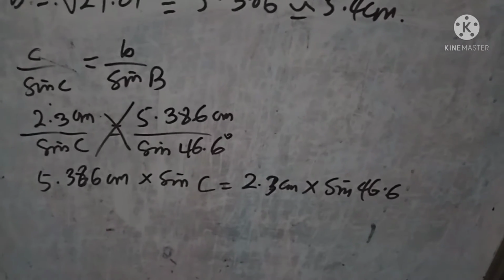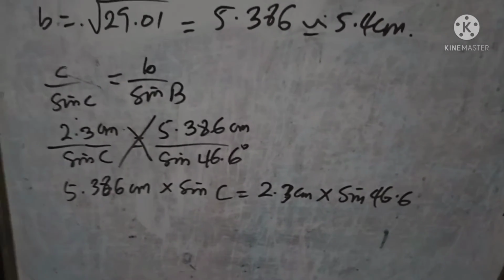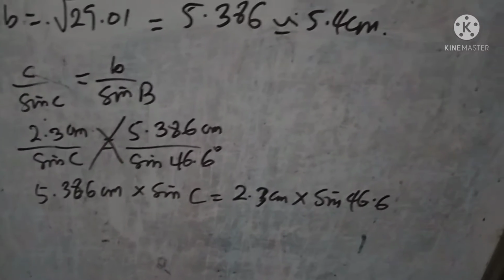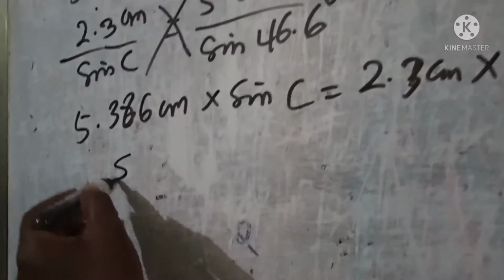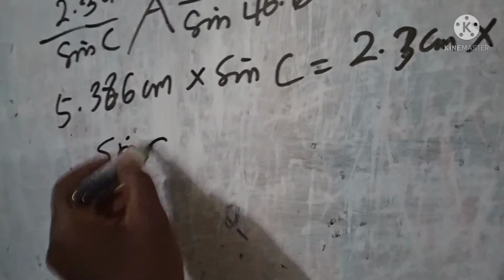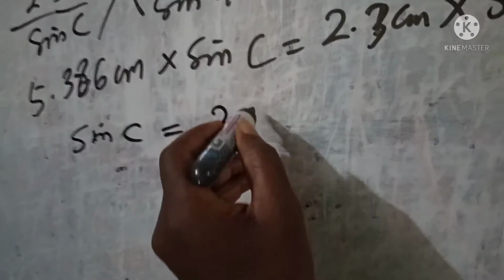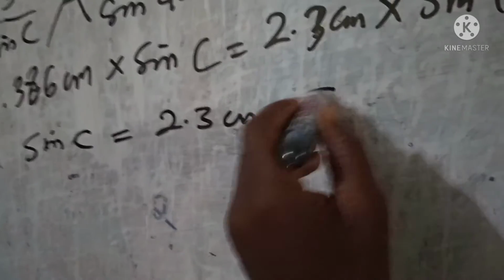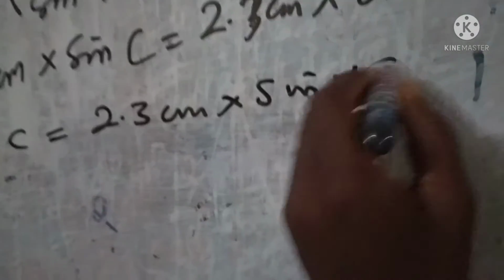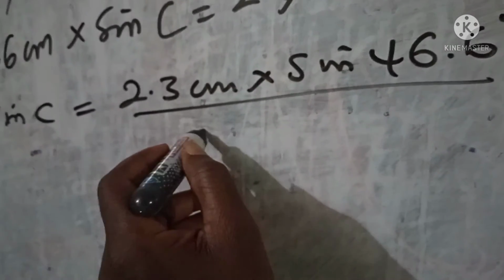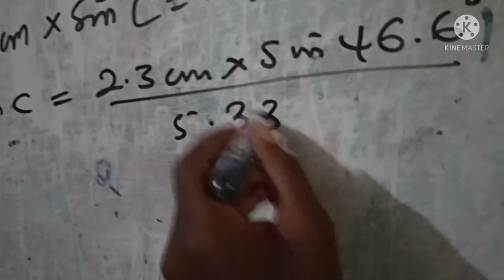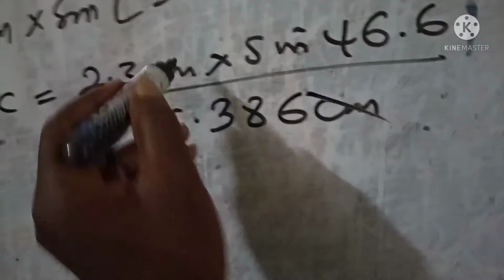So the next thing we are going to do is that we divide both sides by 5.386 centimeters, and from there we are going to have sine C equal to 2.3 centimeters times sine 46.6 degrees over 5.386 centimeters. Centimeter, we cancel centimeter.